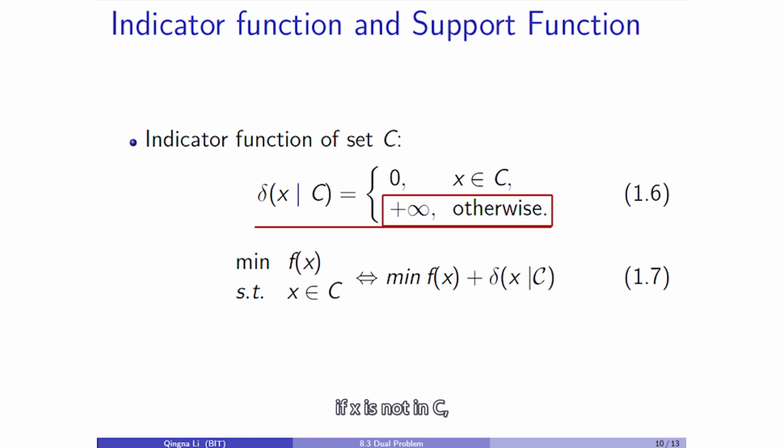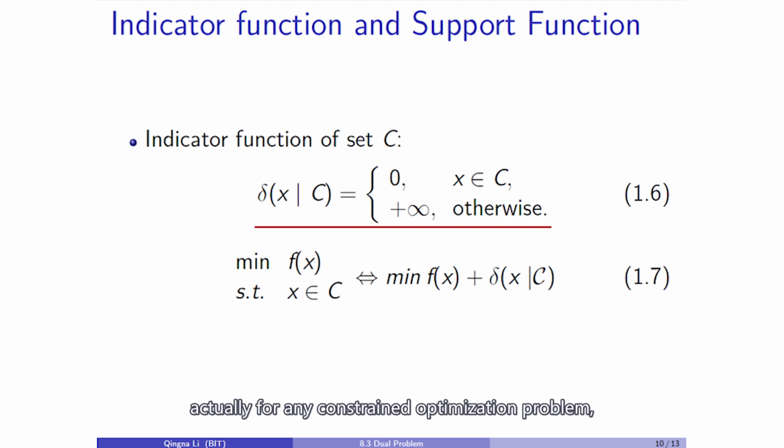Otherwise, if x is not in C, then we define the function value to be positive infinity. So by this indicator function, for any constrained optimization problem, we can always transfer it into an unconstrained problem.